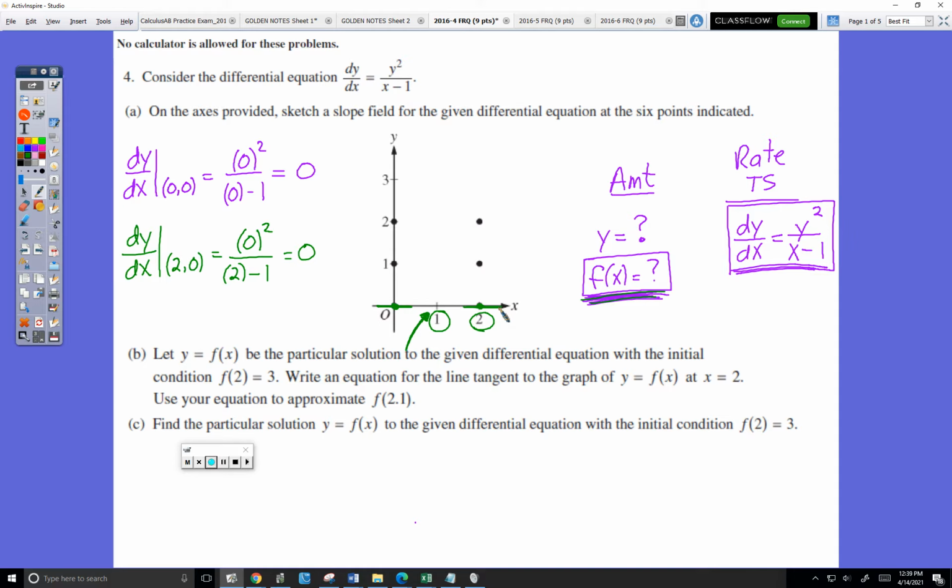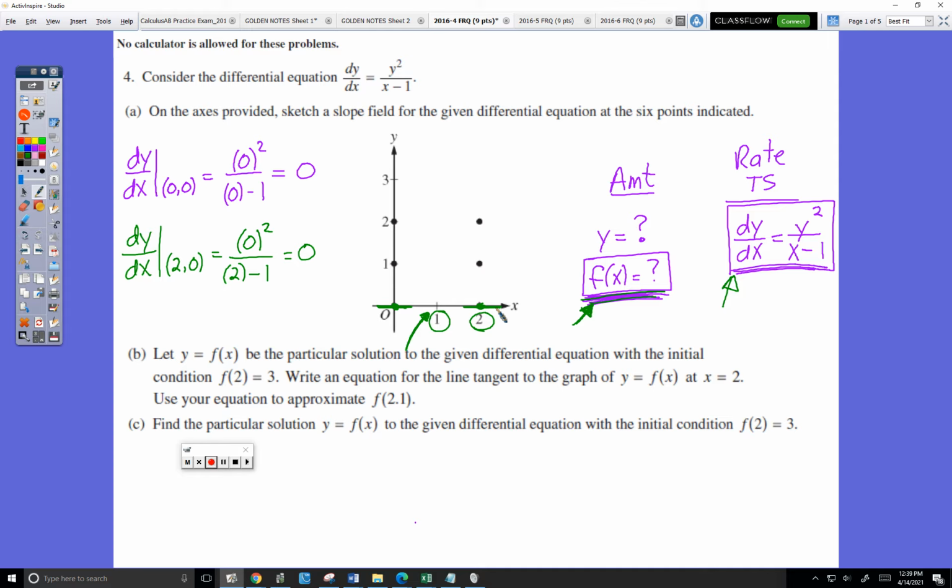So a slope field is created using the rate formula, but the slope field is a picture of what the amount formula would look like if the amount formula went through specific points. They're not saying the amount formula goes through both this point and this point. They're just saying that if the amount formula went through either of those points, that graph would be horizontal.